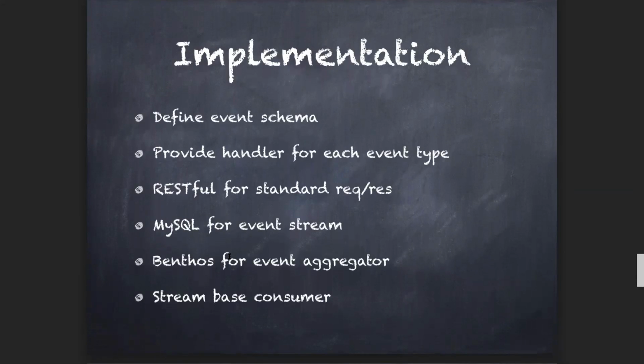Quite easy. Benthos is also a very good software for pipe operations. It's written in Go, just a very small binary to run together with our main service, run as a sidecar.